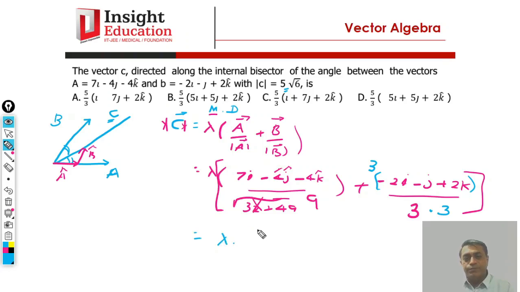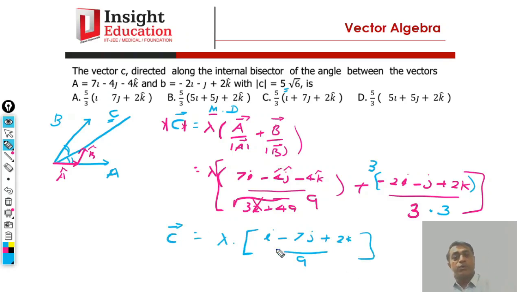So now lambda times: 7i minus 6i, that is i; minus 4j minus 3j, that is minus 7j; minus 4k plus 6k, so plus 2k, divided by 9, is equal to vector C.